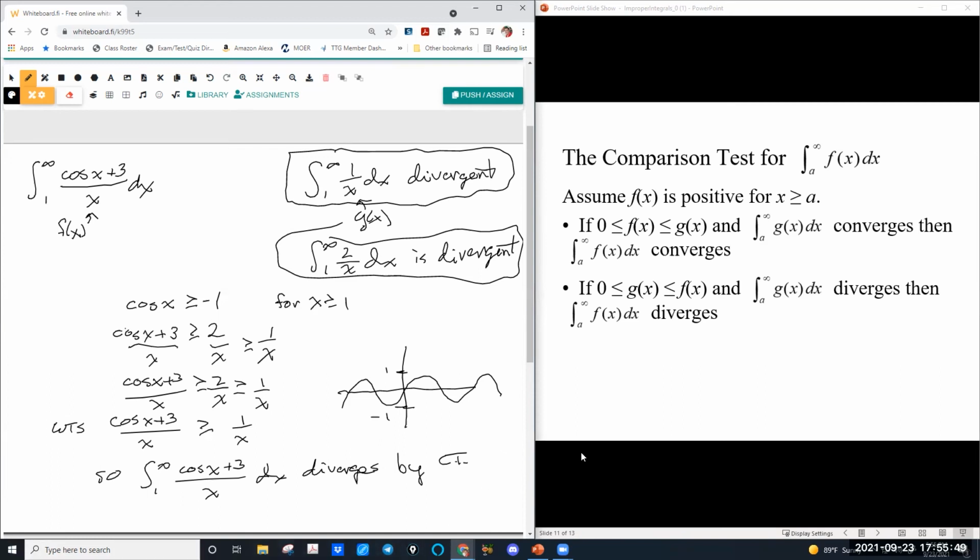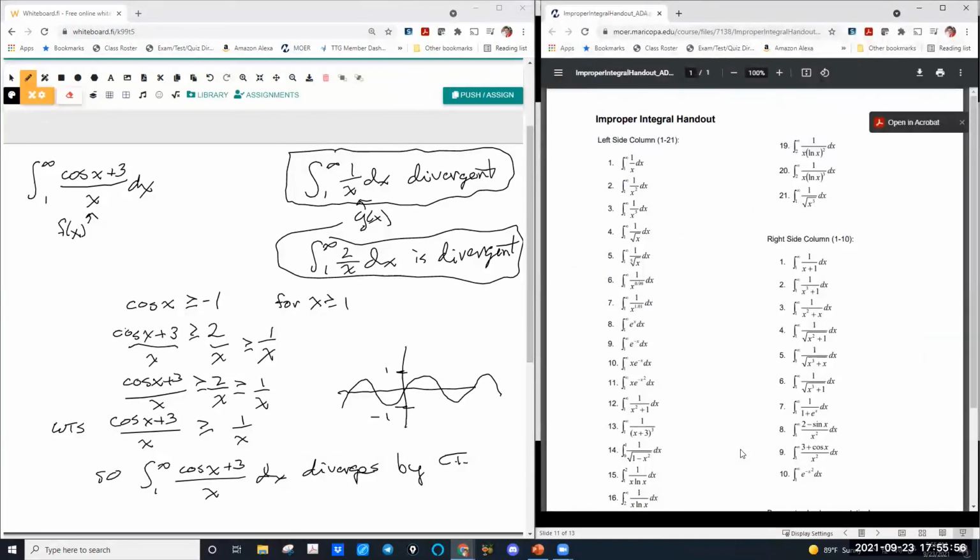All right. Let's see, I put the worksheet in chat. Let's do one from the worksheet so you can kind of see how this worksheet works. Basically, the way the worksheet works is the left side column, which is 1 through 21, so it actually does go over to the right. Those are all ones that can be calculated. We've done 1 and 2.